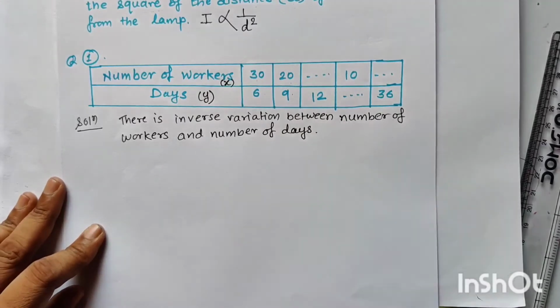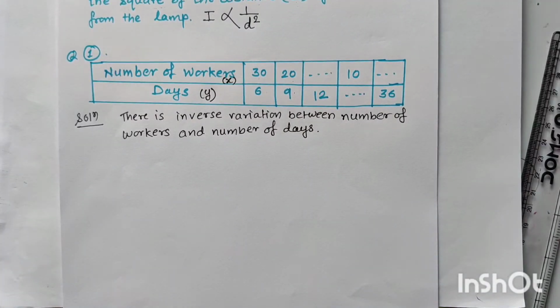This is also a question of general knowledge, students. We all know that when the number of workers increases, we require less number of days. When the number of workers decreases, we require more number of days to complete the work. If one work is done by 20 people in 5 days, the same work will be done by 40 people in less number of days, in 2.5 days.